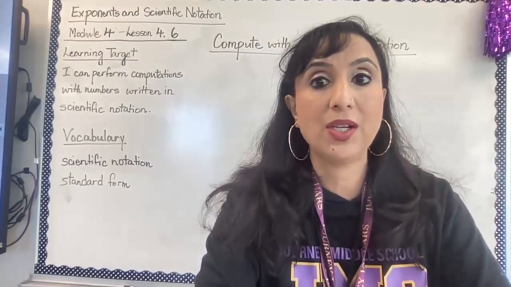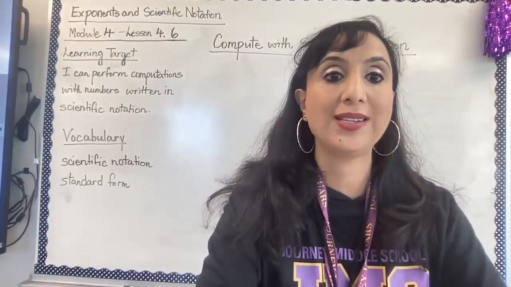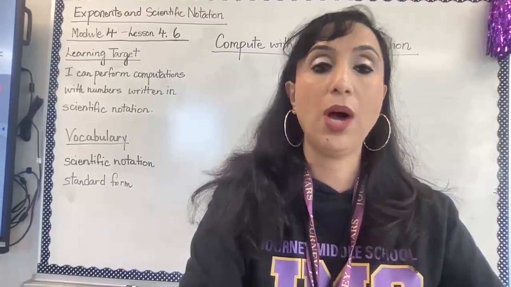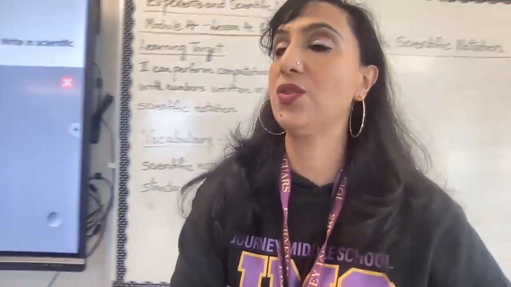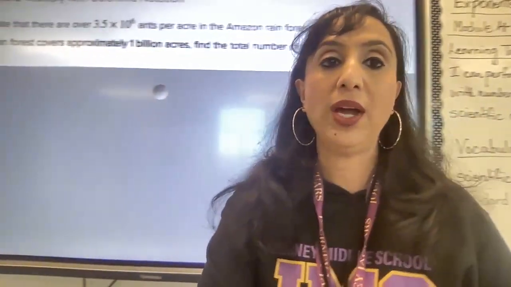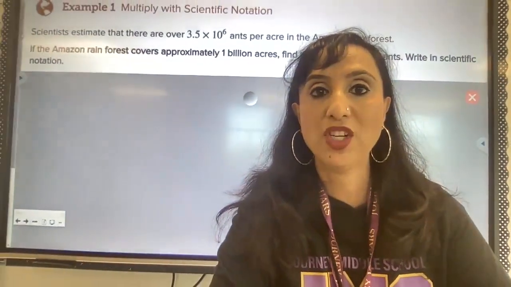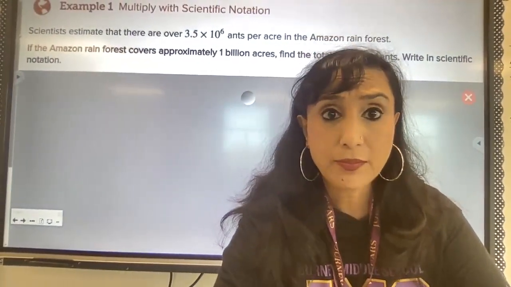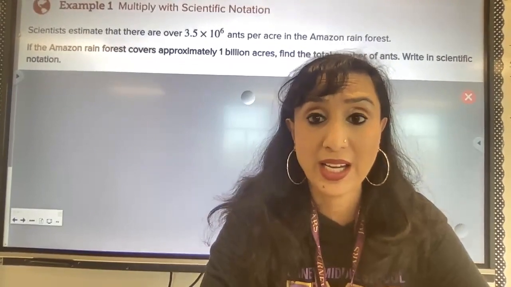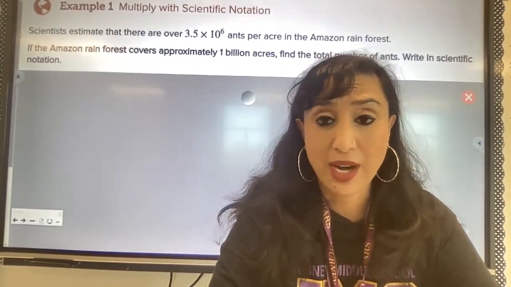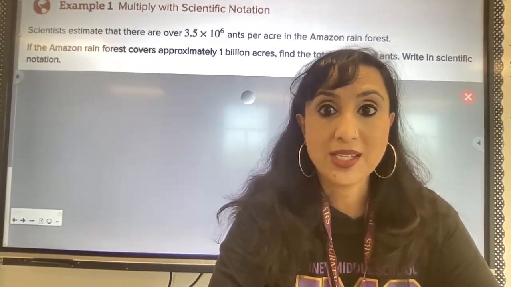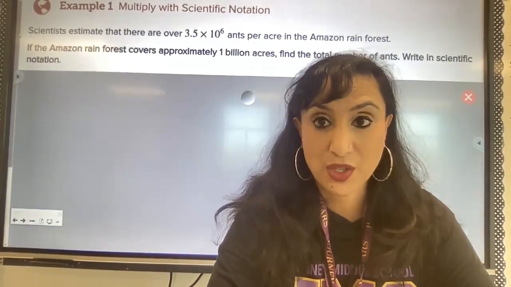We still are talking about scientific notation and standard form. So we are going to do certain problems where we have operations involved in multiplying, dividing, adding, subtracting numbers in scientific notation and how we are supposed to do that.